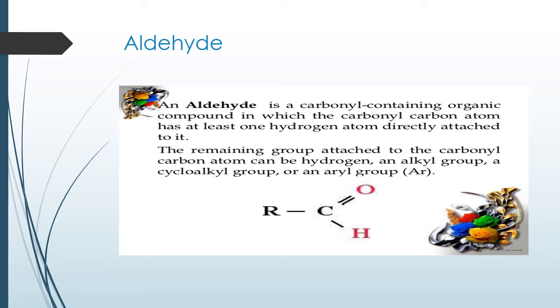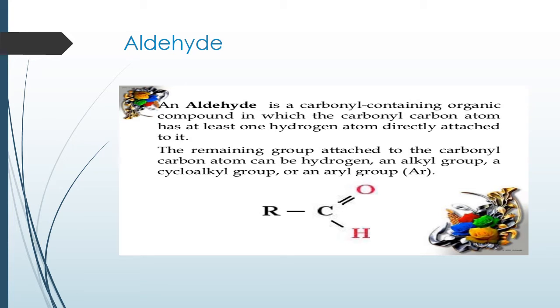So what is an aldehyde? If one side of the C double bond O carbonyl compound is attached with at least one hydrogen atom, it is called an aldehyde. The other side is the alkyl group, which may be alkyl or aryl. I have already told you about alkyl, propyl and all the list we have learned.